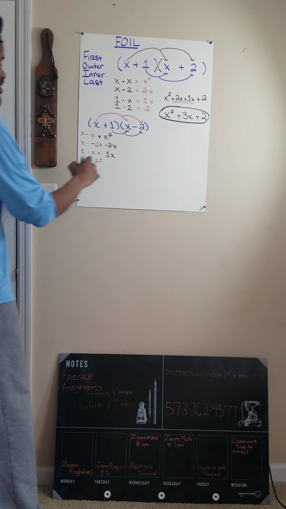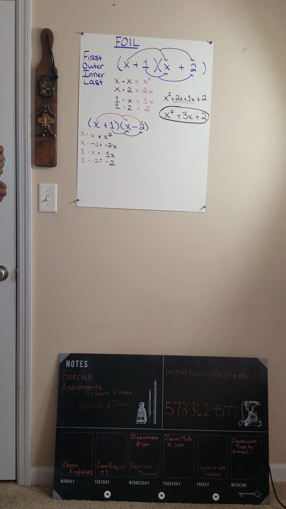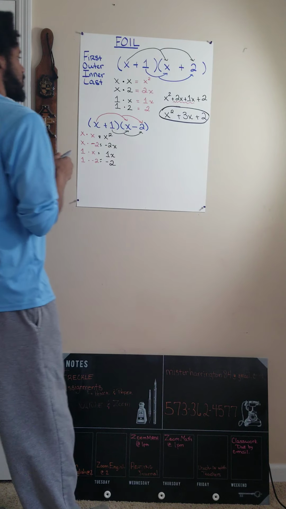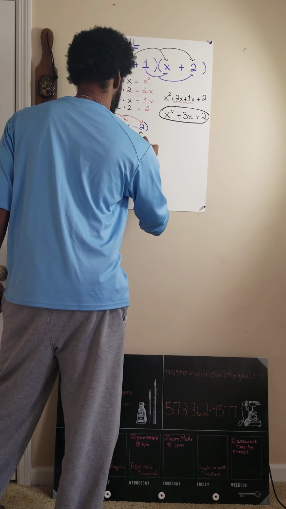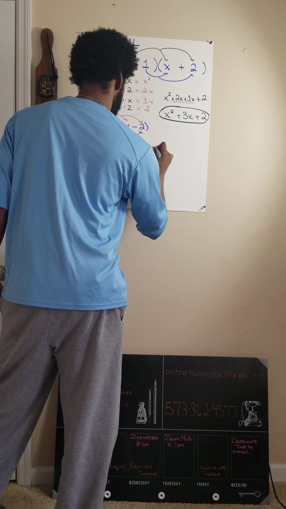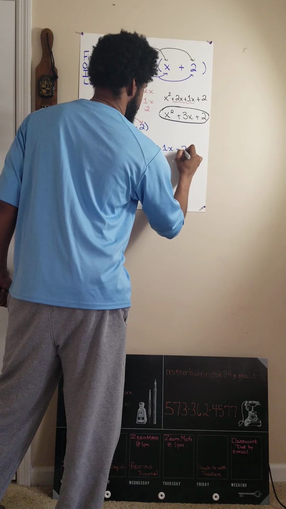And then 1 times negative 2 is negative 2. All right, I got my 4. Let's write this bad boy out. So I have x squared minus 2x plus 1x minus 2.